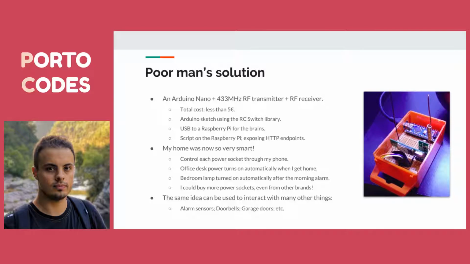The same thing can be done for other devices like alarm sensors. Most of the alarm sensors that are installed in many houses are RF. So we can use this to capture the signal from the motion sensors. Let's say you have a house with a pre-installed wireless alarm. You can use something like this to detect presence in any room of the house.